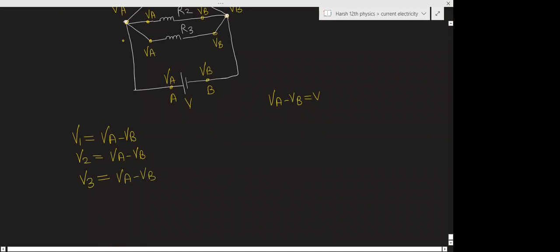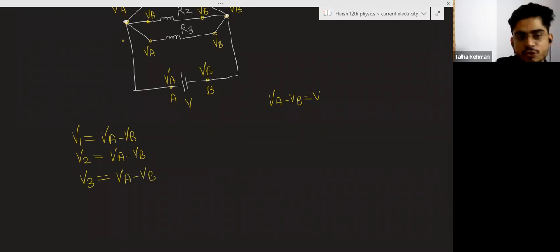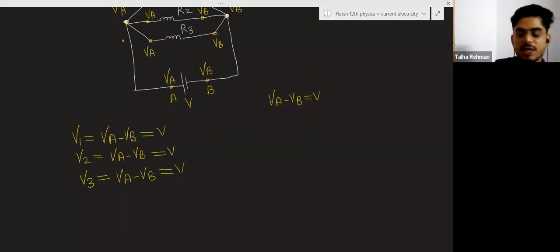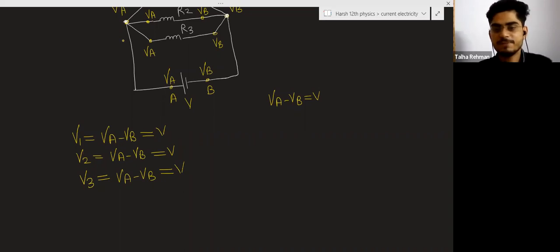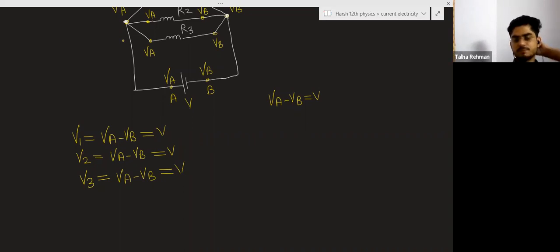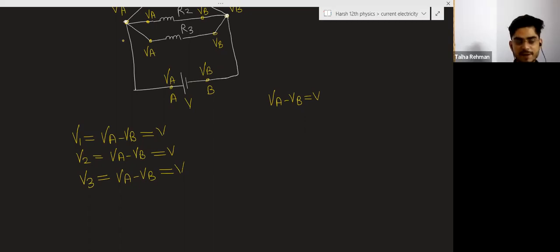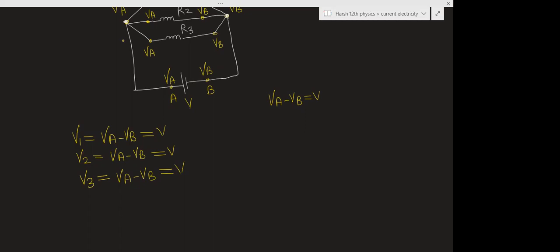See, all of V1, V2, V3 are the same, and VA minus VB is equal to V. So in parallel combination, across each resistor the potential difference or the voltage is the same. But in the series combination, the current flowing in each resistor is the same.